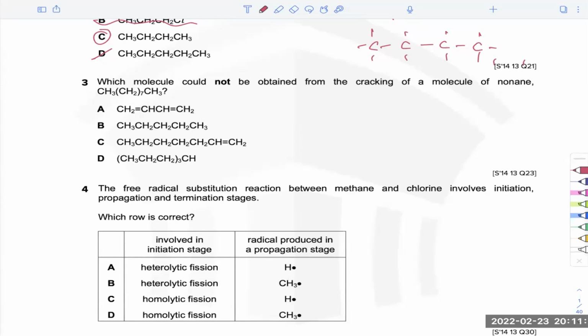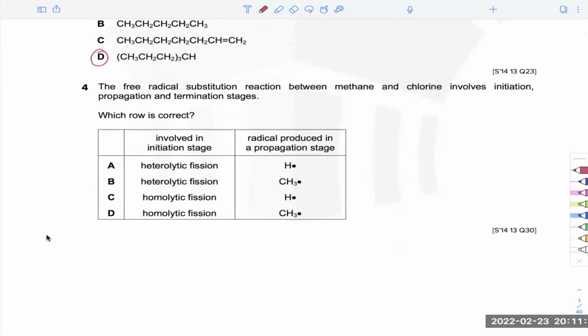You will not be getting branches. You can get smaller fractions as long as the number of carbons is less than or equal to 9. And as long as it's straight chain, you can get alkanes and alkenes. You can't get a branch, and that is D. D is a branch, it can't be there.